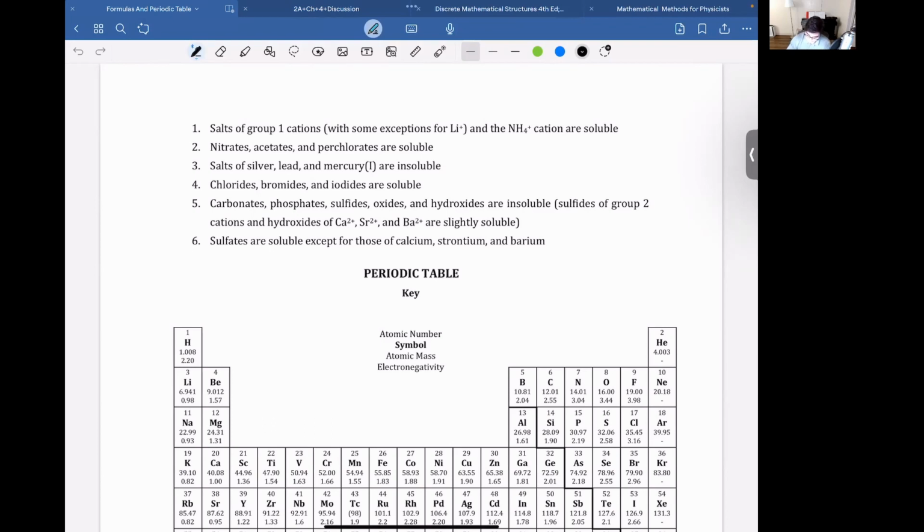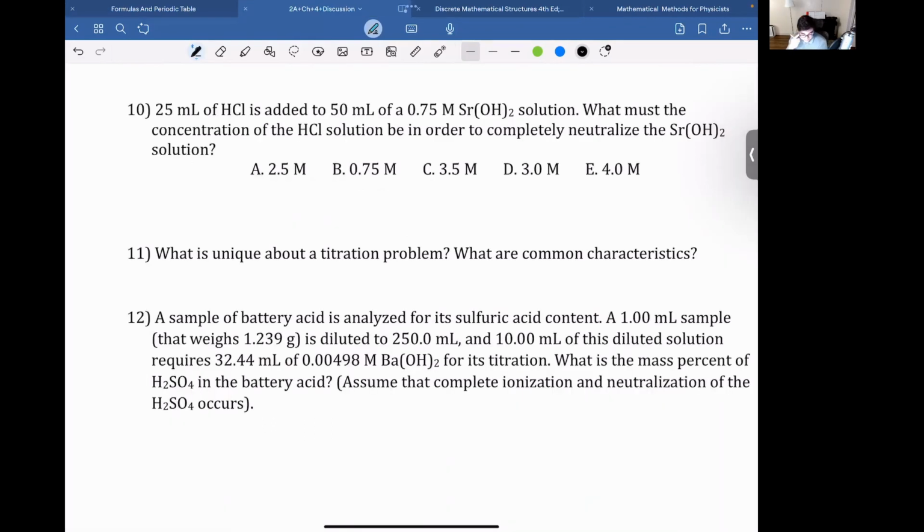That's slightly soluble. Okay. So for the sake of argument, again, when we're saying completely neutralize, that means completely convert all of the strontium hydroxide to water and a salt. So strontium chloride.